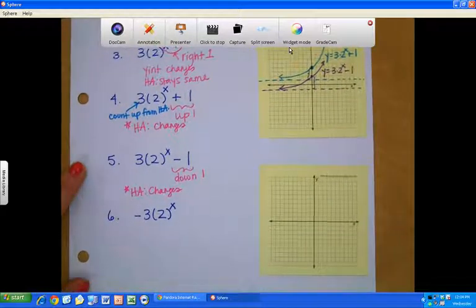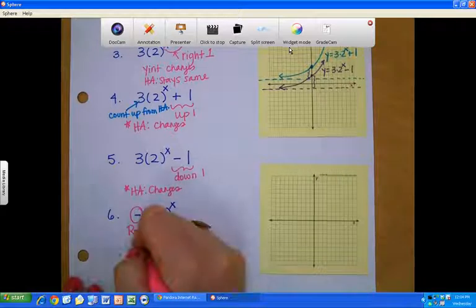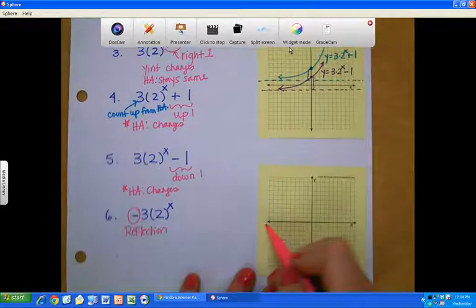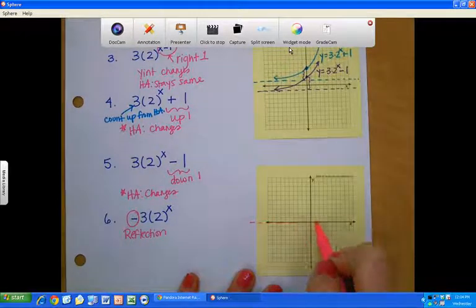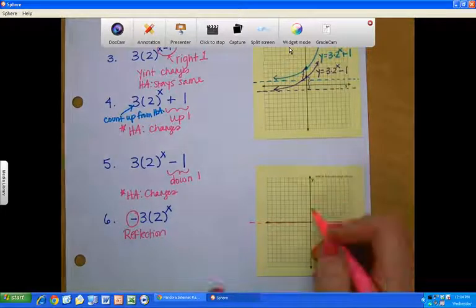Okay, so now let's look at number 6. This one doesn't move right, left, up, or down, but rather it has a negative in front. So this means it's a reflection. Normally you have your asymptote here, and I'm going to draw this with a faint, dashed line.